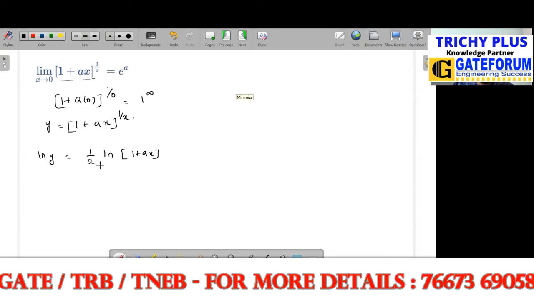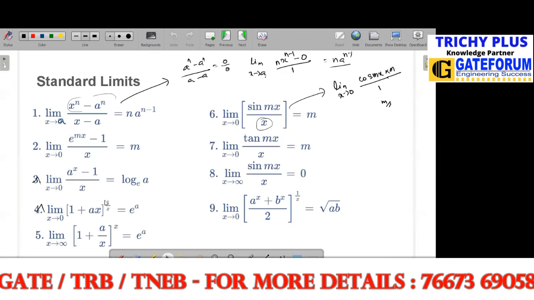Sir, actually the question you gave is 1 plus 1 by x whole power 2x, so we need to apply the fifth limit condition, no, sir? If you compare both, it is nothing but x replaced with 1 by x.